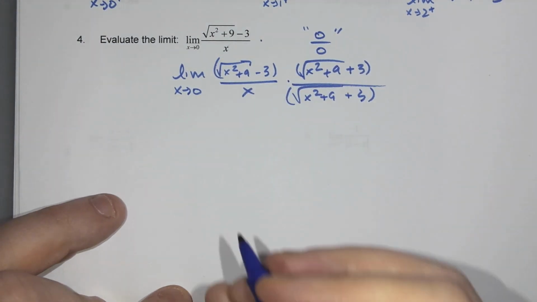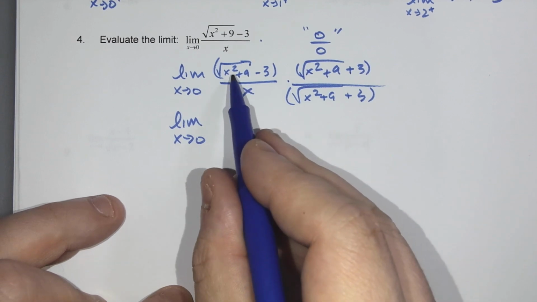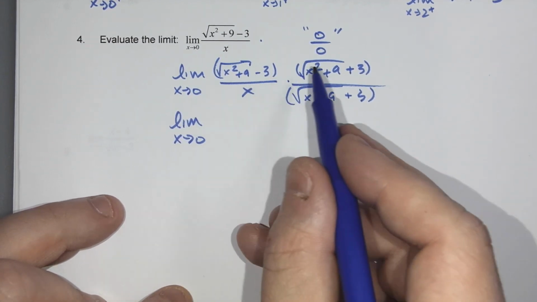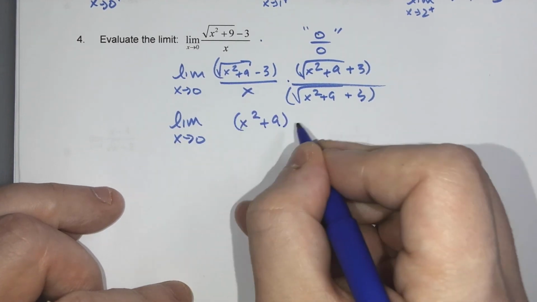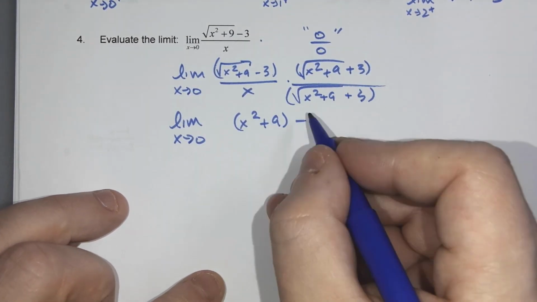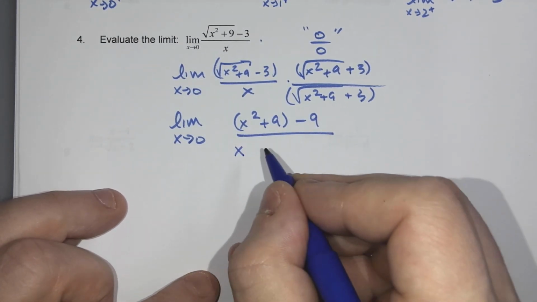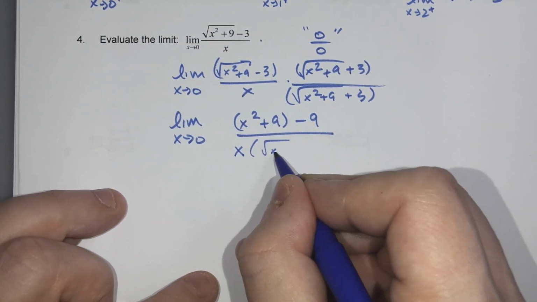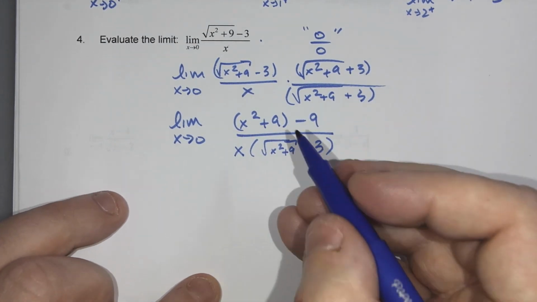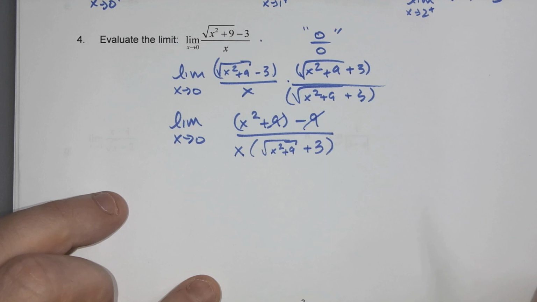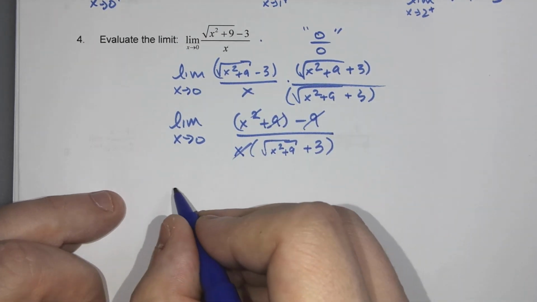So what does this do for me? It means that in the numerator I'll get this quantity squared, and the square root squared is just the quantity, so it's x squared plus 9, minus 3 times 3, which is 9, and that's all over x, multiplied by radical of x squared plus 9 plus 3. 9 minus 9 cancels out nicely. x and x cancel out nicely.